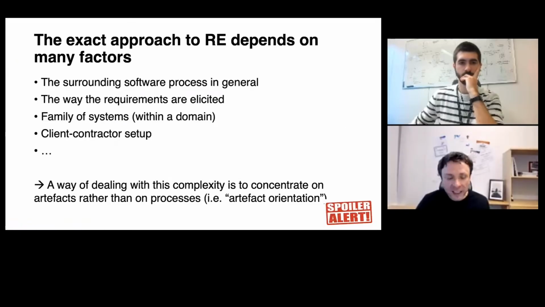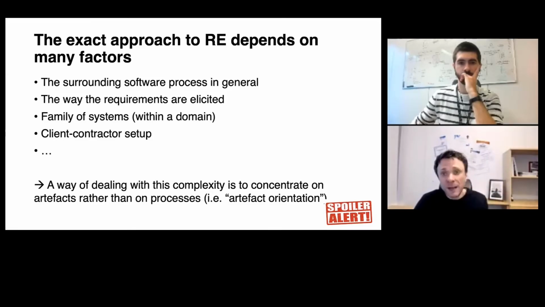I explained already that the exact approach to requirements engineering depends very much on different factors, rendering the way of working something very unique. This is not really comparable across all the different situations, which are characterized by differing surrounding process models, affecting the way of working in general, but also how requirements are elicited, how requirements should be analyzed, how requirements should be documented, the family of system, and so on and so forth.